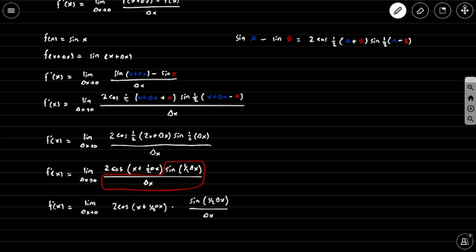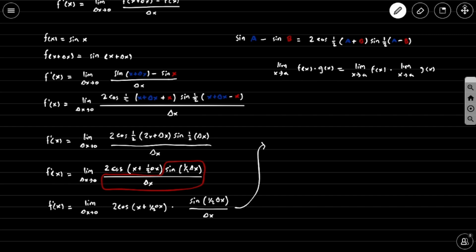We also know that the limit as x approaches a of f of x multiplied by g of x equals the limit as x approaches a of f of x multiplied by the limit as x approaches a of g of x. So the limit can get into both of these function multiplications.